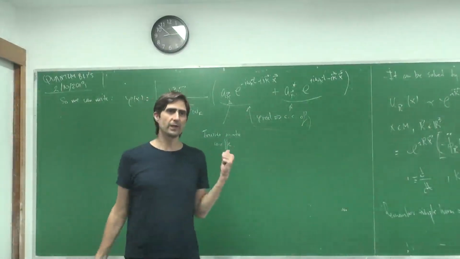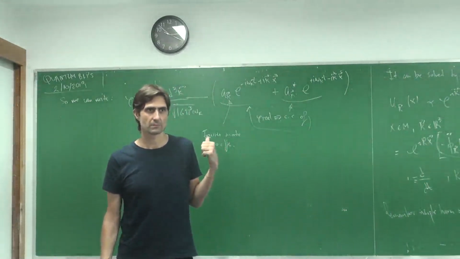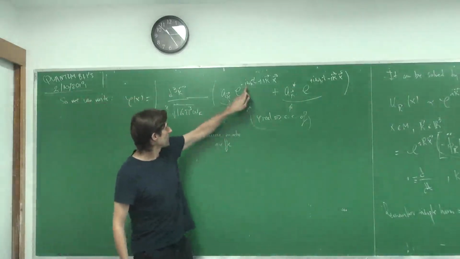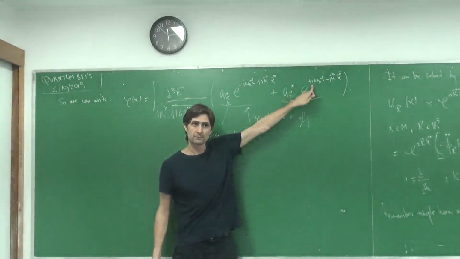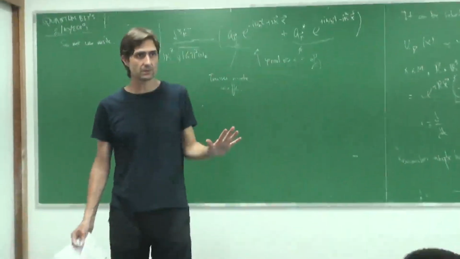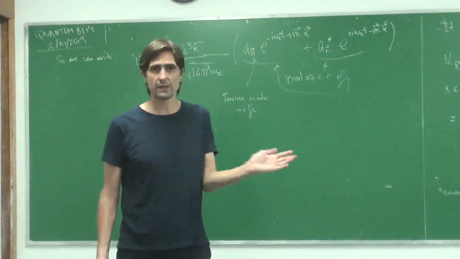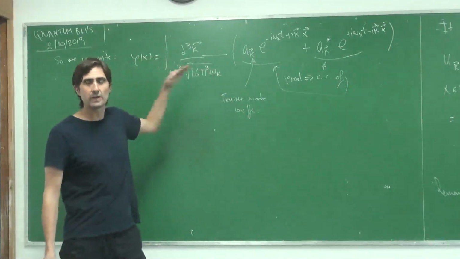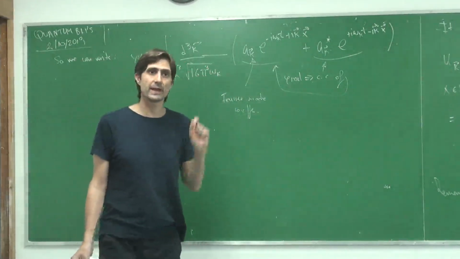This is not the unique way you can write the linear combination, by the way, because you could have written a plus here and a minus there, for example. This does not change the physics. It makes zero difference to anything. What matters is that any real valued phi which satisfies the Klein-Gordon equation can be written this way.